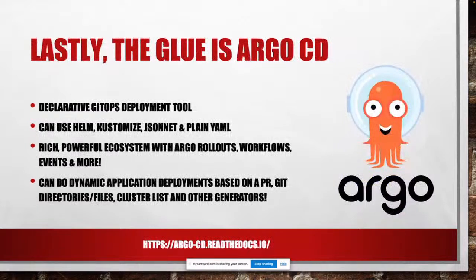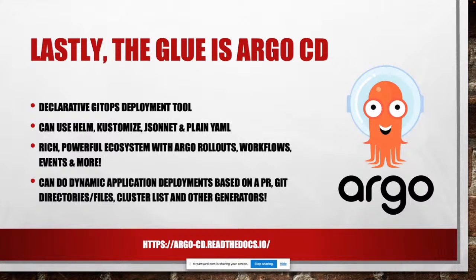The glue for all of this together for this talk is Argo CD. I don't know how many of you are familiar with that tool. Hopefully a lot of you. It's a really powerful tool in the GitOps ecosystem. You can do automatic deployments using Helm, Kustomize, Jsonnet. It's got a big ecosystem with things like Argo Rollouts, Argo Workflows, Argo Events, and so on. There's a lot to it.